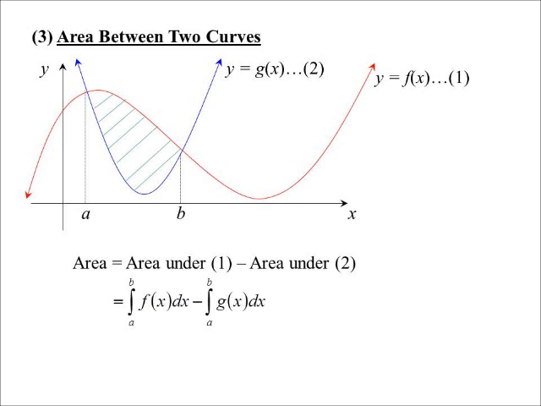And then it'll be the area under, well, that's integral of f of x minus integral of g of x. But of course, because they're both going from a to b, I could combine that all into one integral. And it'll be whatever f of x minus g of x. There might be some terms that end up cancelling and make the integration a bit easier by doing it that way.